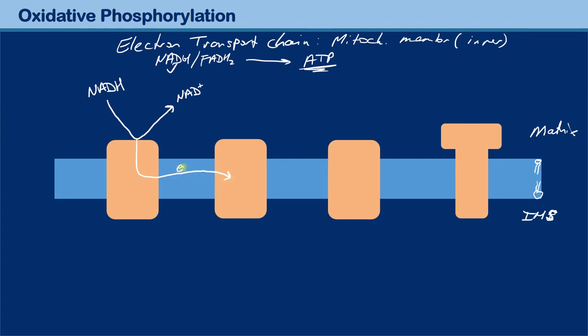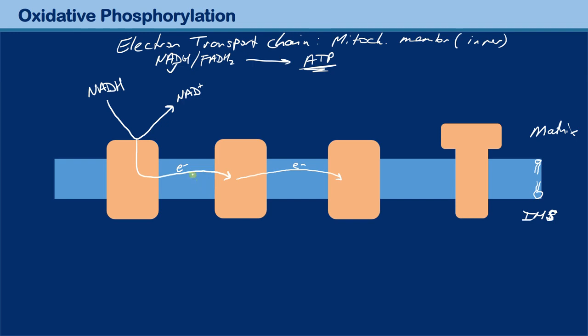So I'm just going to write e minus as electron, and it's passed on again over here. As it is passed on from electron carrier to electron carrier, the electron loses energy. But you've got to ask the question, where does the energy go? It cannot simply magically disappear.